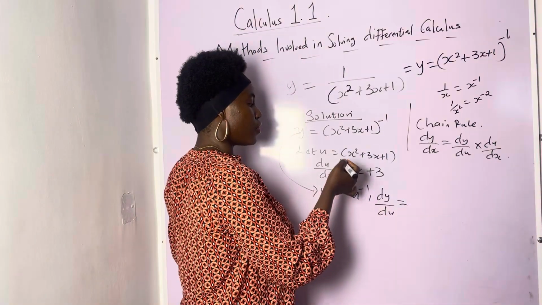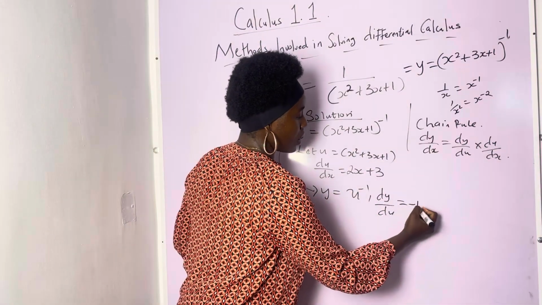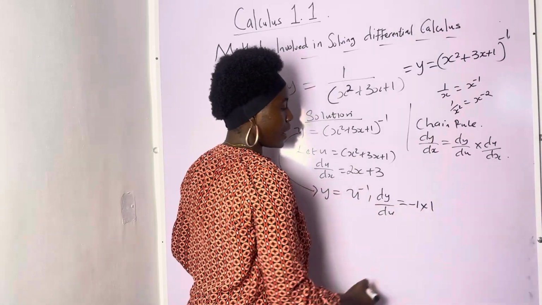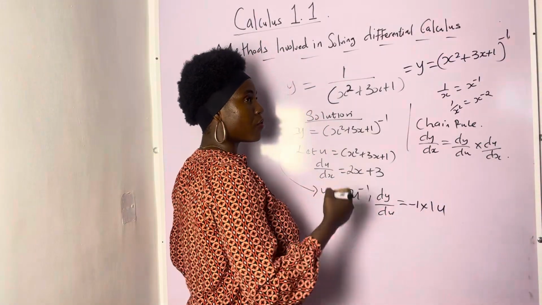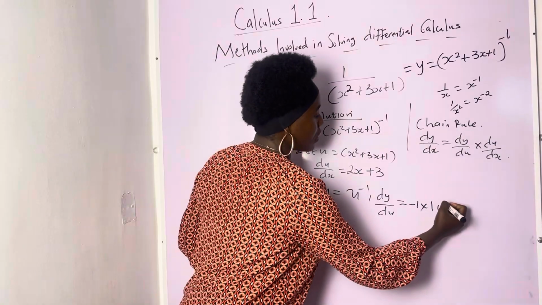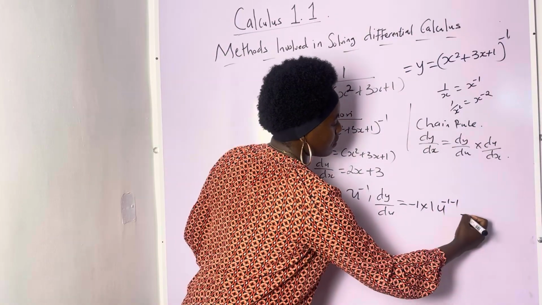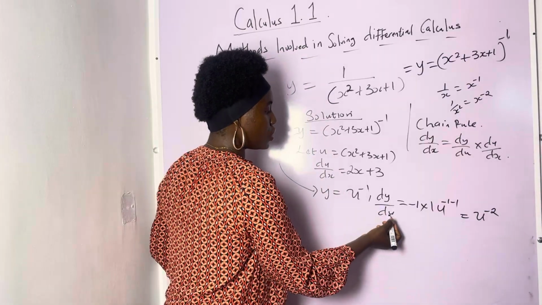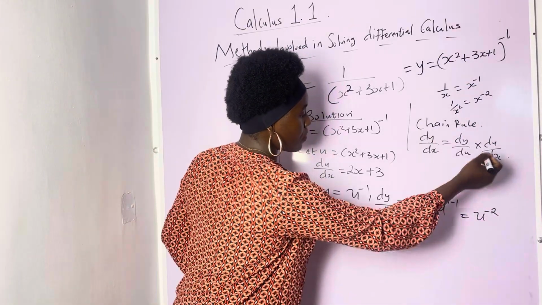We have the power of u, which is minus 1, times the coefficient 1, then we subtract 1 from the power, which is minus 1 minus 1, so we have u to the power of minus 2. So our dy/du is u to the power of minus 2.